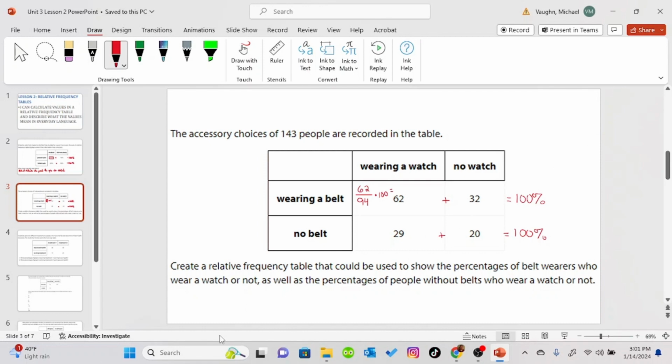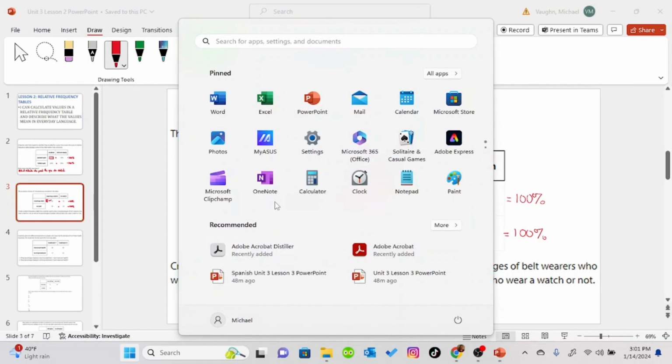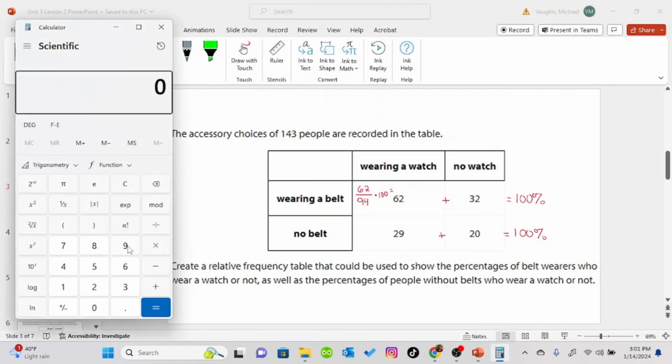And that is going to equal our percentage. So this is approximately 66%.